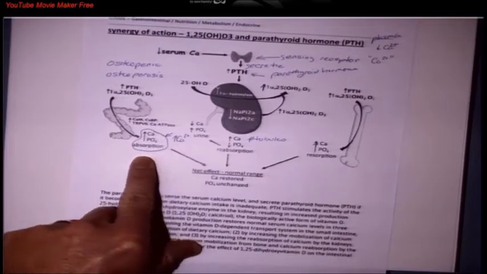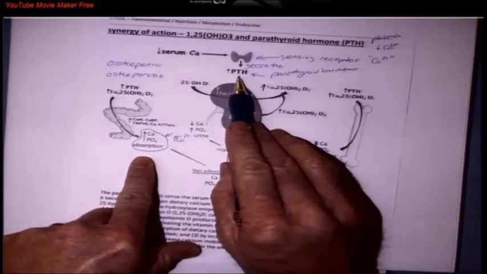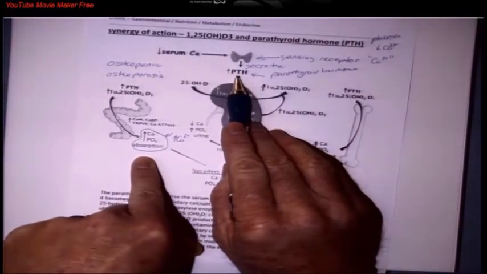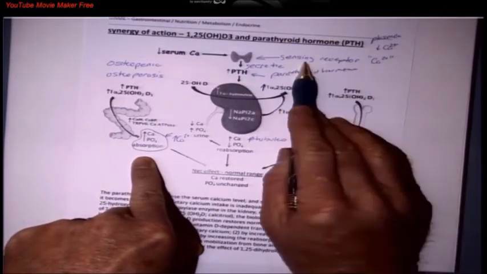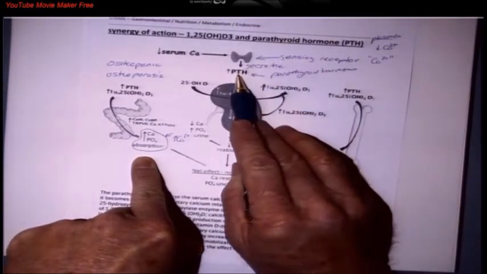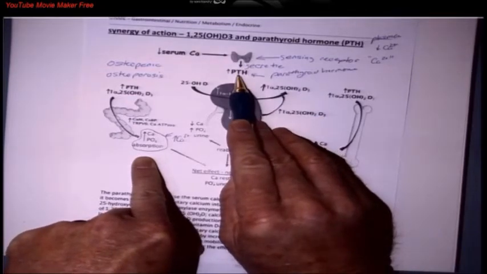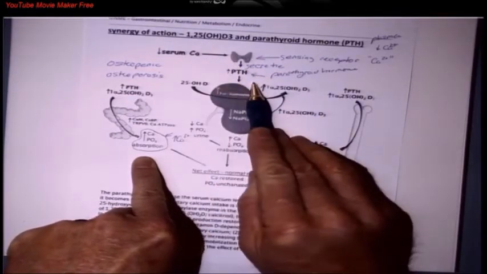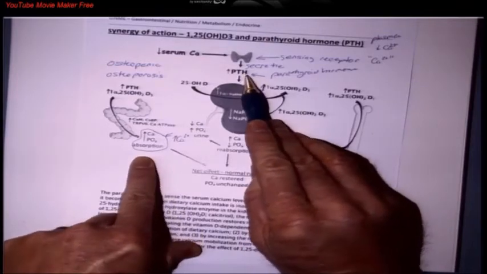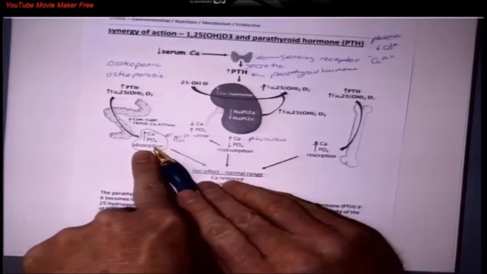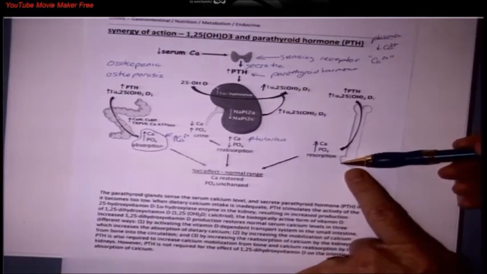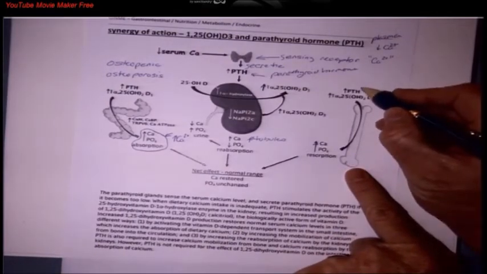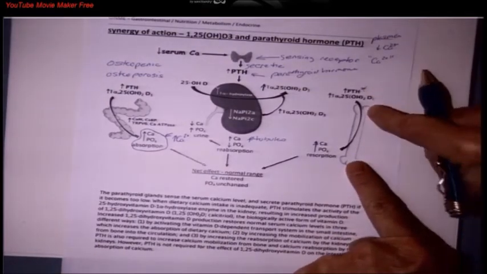So what's that going to do? That is going to decrease the amount of parathyroid hormone, because with elevated calcium levels, your sensing receptor now will shut down secretion. And if you have decreased parathyroid activity, the parathyroid hormone and all that D3 that you've administered together will cause bone resorption. But without the parathyroid hormone, you will halt bone resorption.